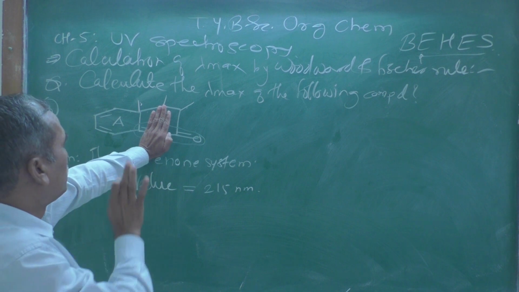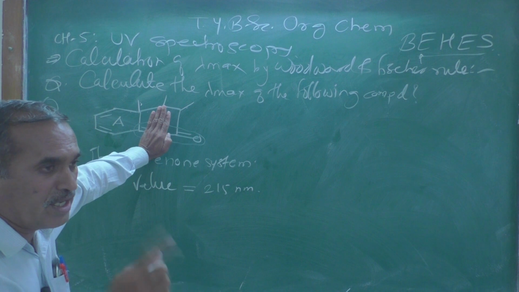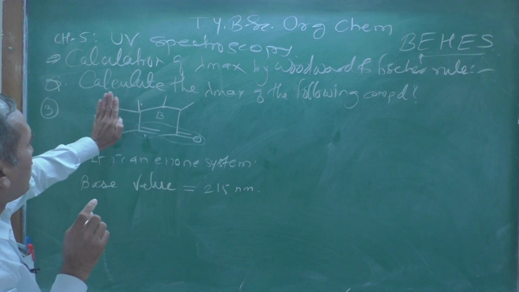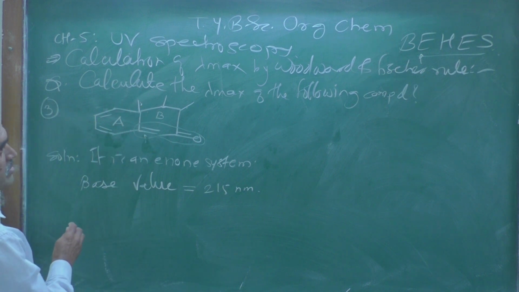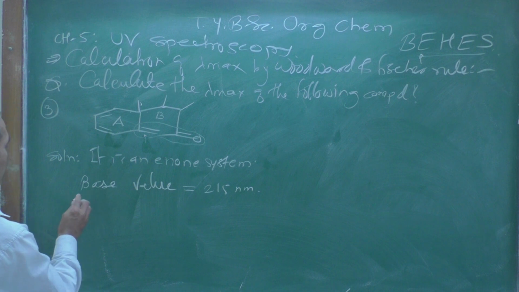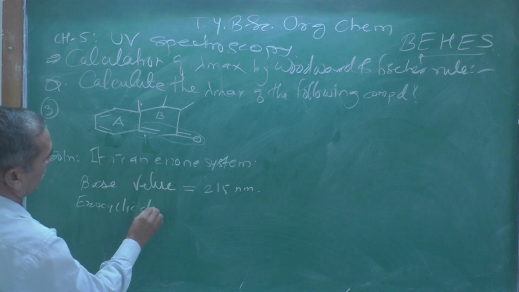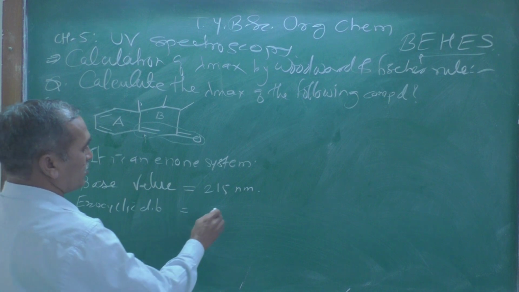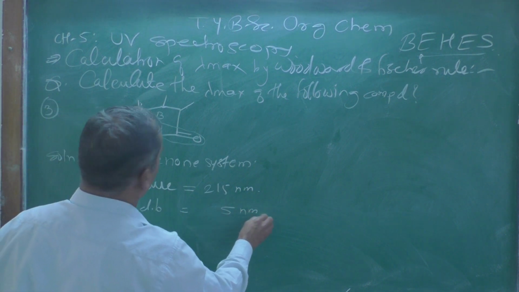So this B ring does not contain any exocyclic double bond. Remember, only the A ring has one exocyclic. So you must say here there is one exocyclic double bond. How many are there? Only one. So how much to add? You should add 5 nanometer to it.